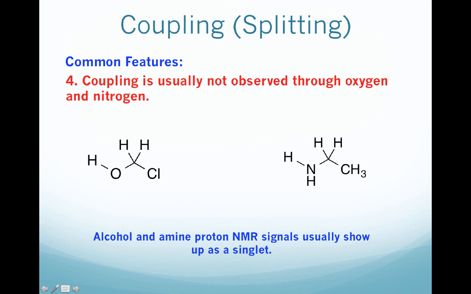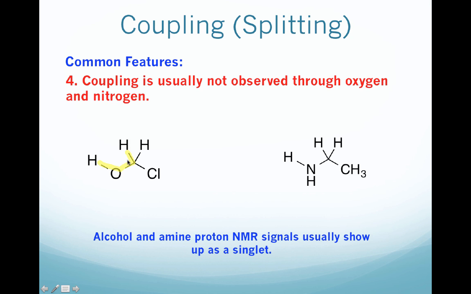The fourth feature has to do with dealing with heteroatoms. So heteroatoms like oxygen and nitrogen commonly connect molecules together, but typically you do not see coupling through these heteroatoms. Even though, so here we have this OH proton, and if we count up our bonds, 1, 2, 3, there's a 3-bond separation between this proton and these protons on the CH2 group.